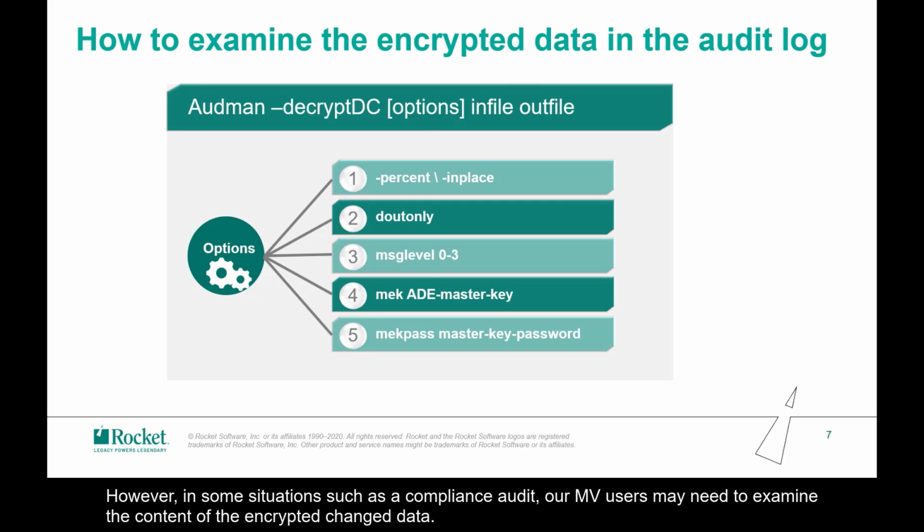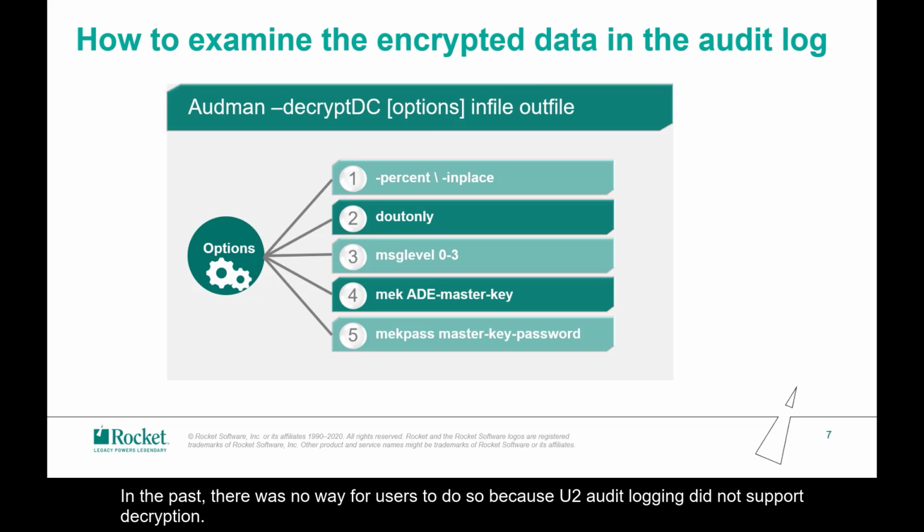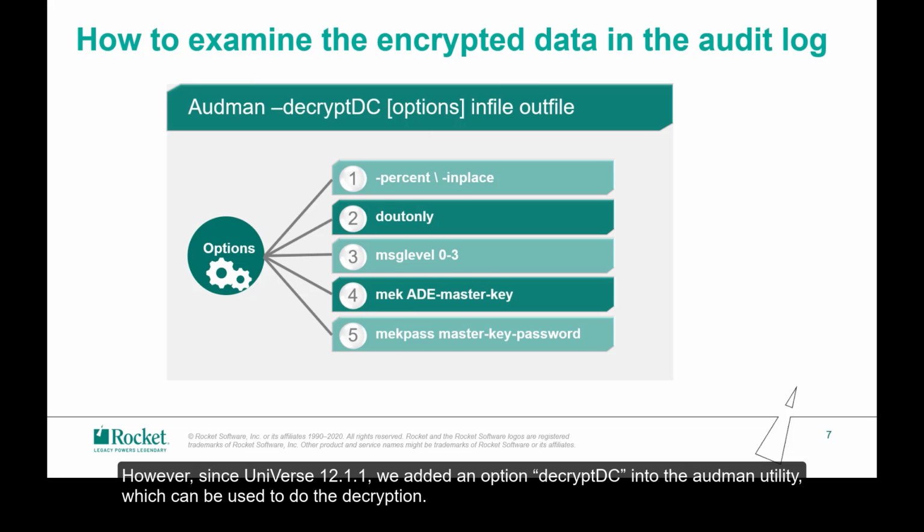However, in some situations, such as a compliance audit, our MV users may need to examine the content of the encrypted change data. In the past, there was no way for users to do so, because U2 audit logging didn't support decryption. However, since UniVerse 12.1, we added an option, Decrypt PC, into the Audman utility, which can be used to do the decryption.